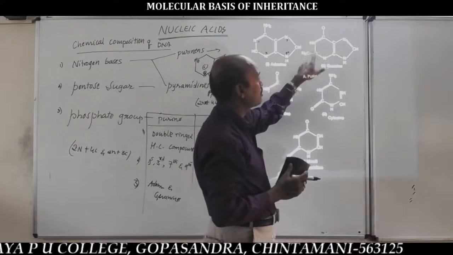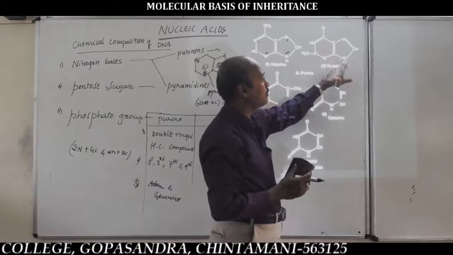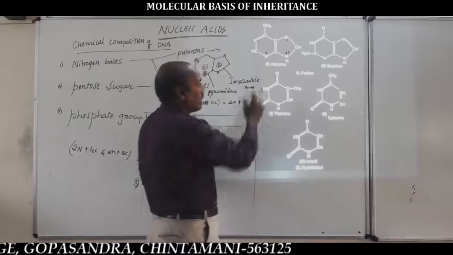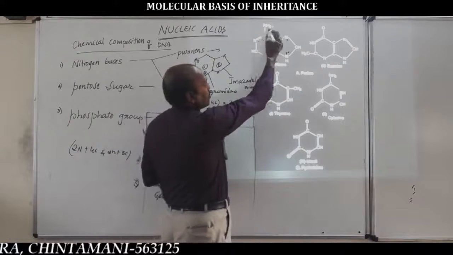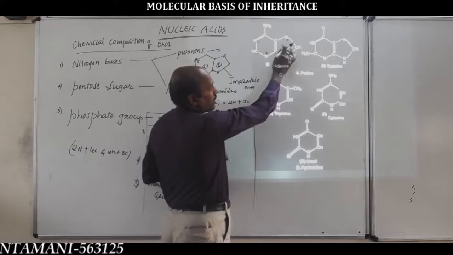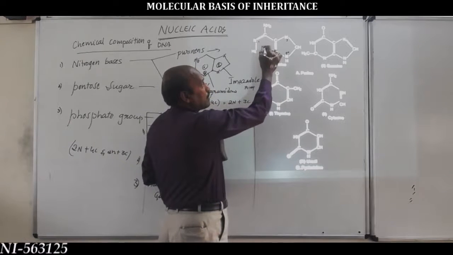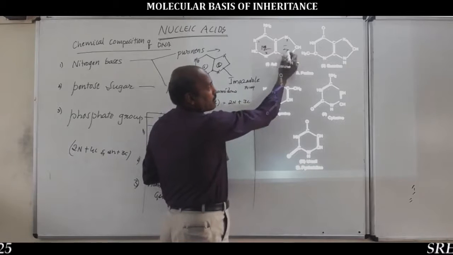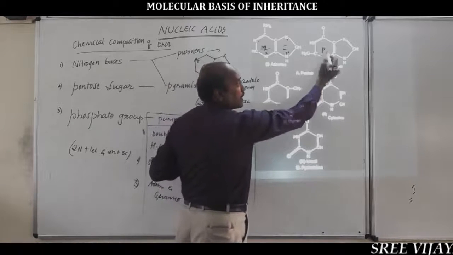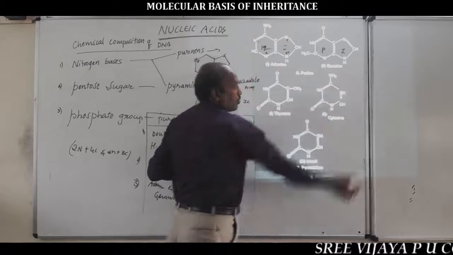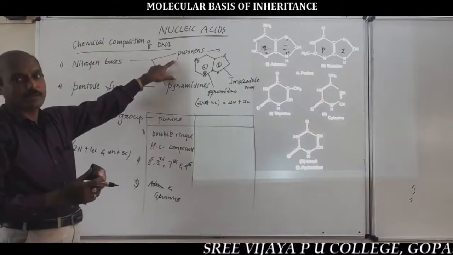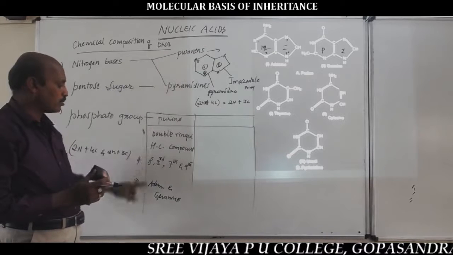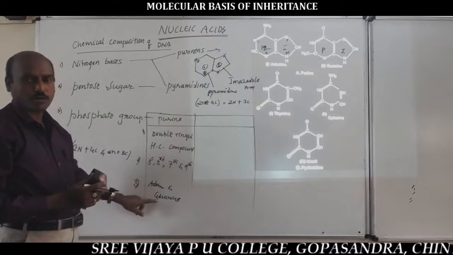That's why each purine is formed by the fusion of two different types of rings, the pyrimidine ring and the imidazole ring. These are the purine nitrogen bases, two in number: adenine and guanine.